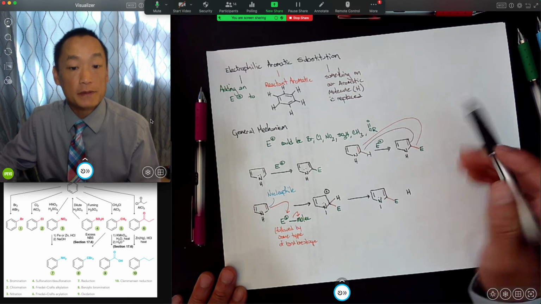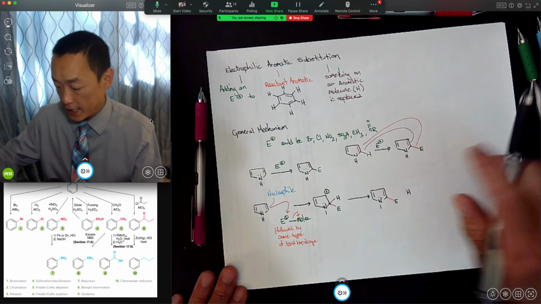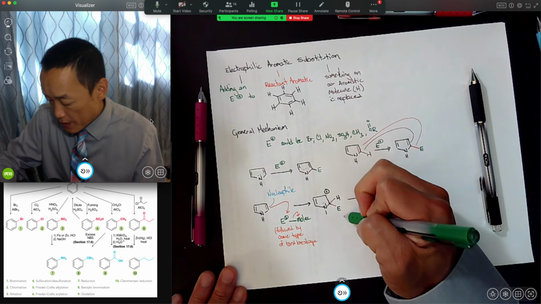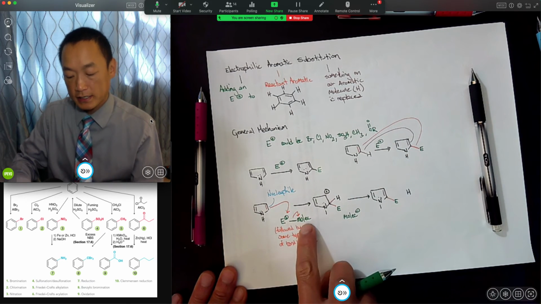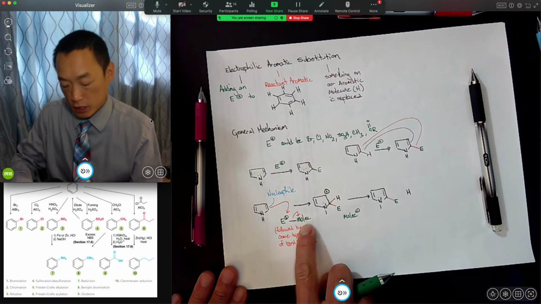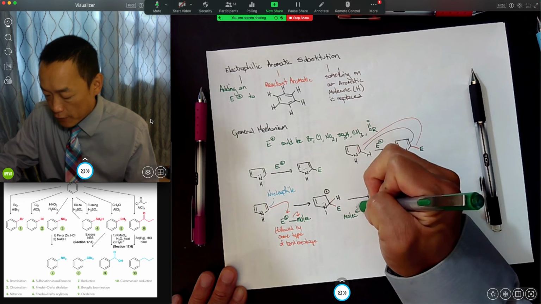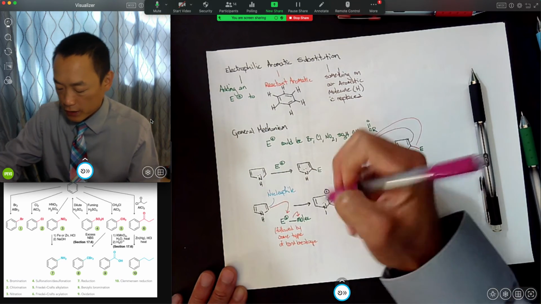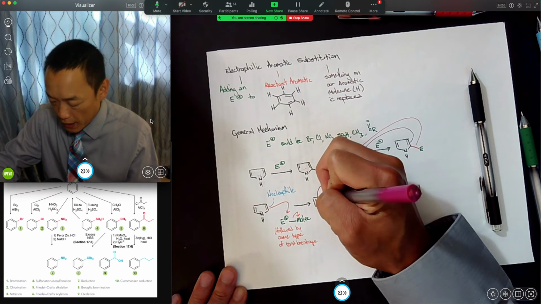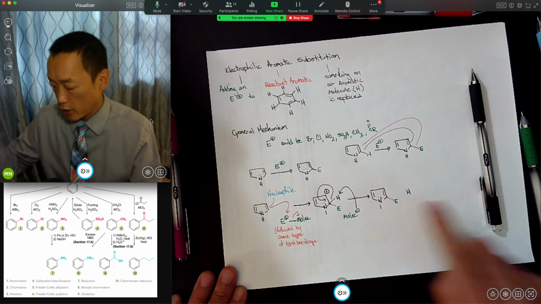Well, then there's got to be something in solution that can aid in that process, and that aid comes from this molecule that has now adopted the negative charge because it broke the bond with the electrophile. That thing is now very well suited to remove this proton and allow the electrons in this bond, yoink, to return the molecule to aromaticity.